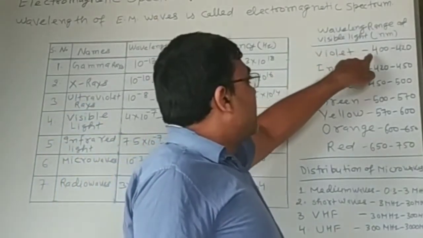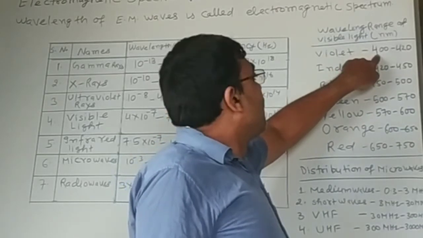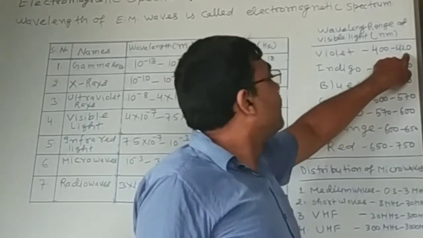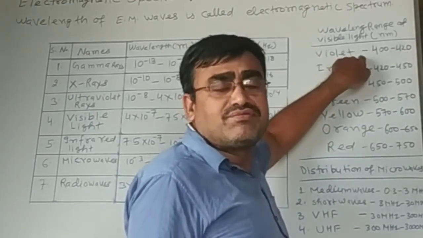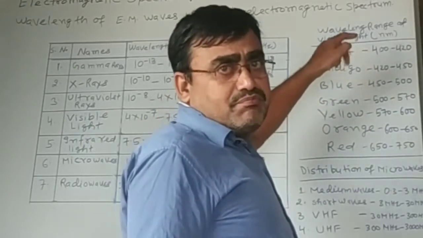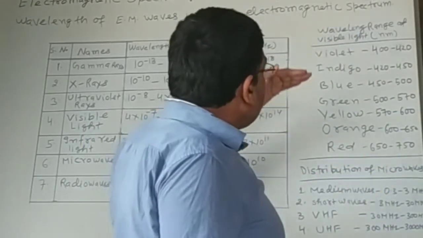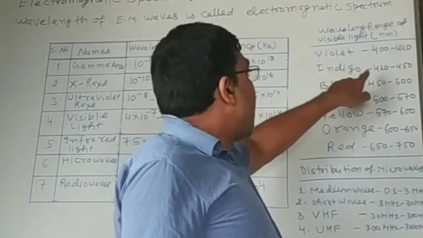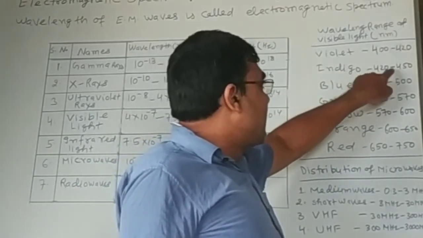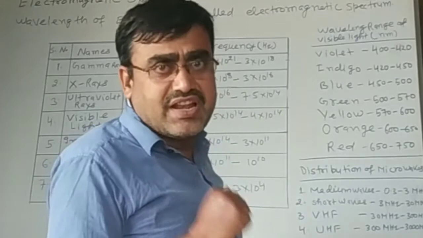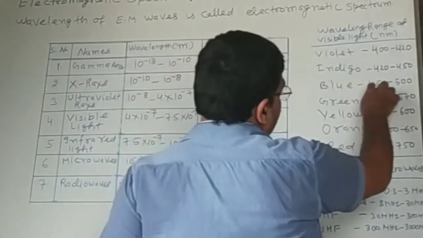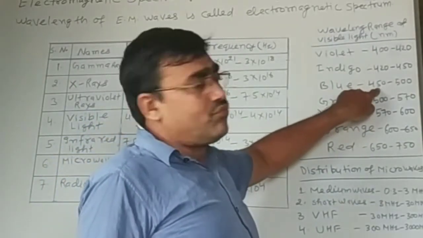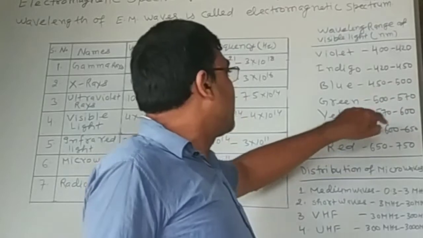The wavelength of violet color of light is 400 nanometer to 420 nanometer. Indigo has wavelength 420 nanometer to 450 nanometer. Blue has wavelength range 450 nanometer to 500 nanometer.